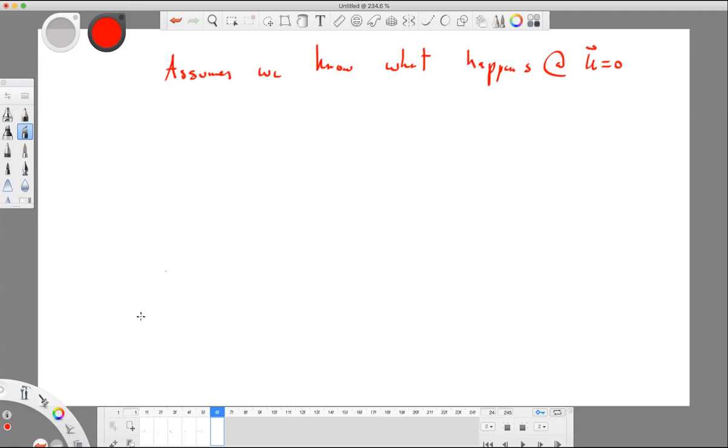So we know that physics, and we either know what happens there, either because it's a very simple model to solve, okay, or because we can apply other tools like, for example, group theory, which tells us what the form of the functions are going to be in that vicinity, or we have a friend with a big computer that knows how to compute that point, okay, and we want to know what happens in the vicinity of that point using this procedure, okay?